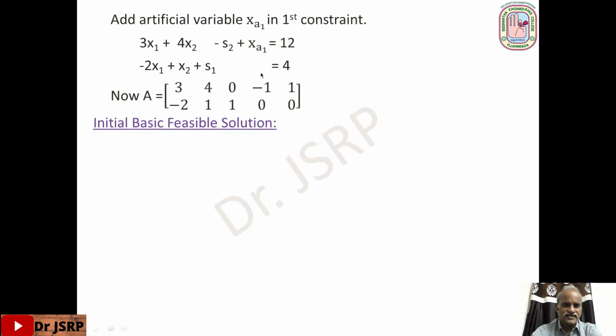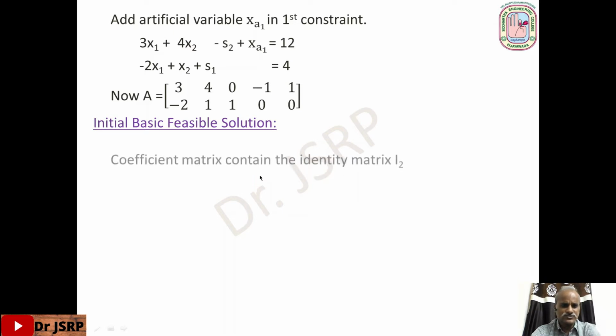Clearly the coefficient matrix contains the unit matrix, that is 1 0 0 1: 1 0 corresponding to xa1, 0 1 corresponding to s1. So we take the variables xa1 and s1 as basic variables. xa1 is in the first position since its column is 1 0, and s1 is in the second position since its column is 0 1.